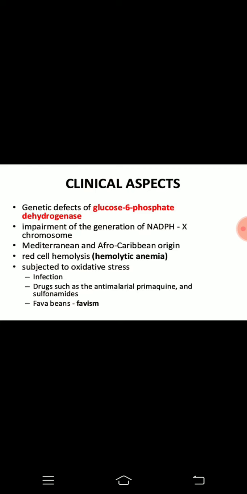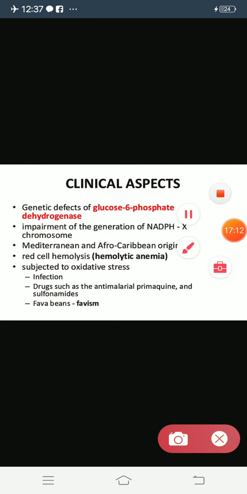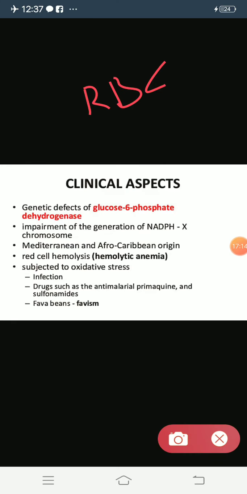The generation of NADPH is impaired, meaning NADPH will not be formed, and it is an X-linked chromosome disorder. Then hemolytic anemia, meaning red cell hemolysis, will occur. Why? What is the function of the NADPH molecule? The function of NADPH is to maintain the integrity of the RBC cells.